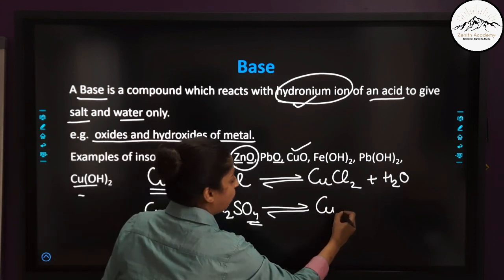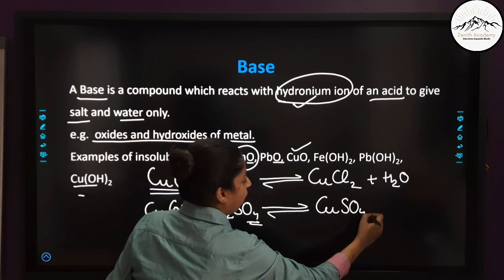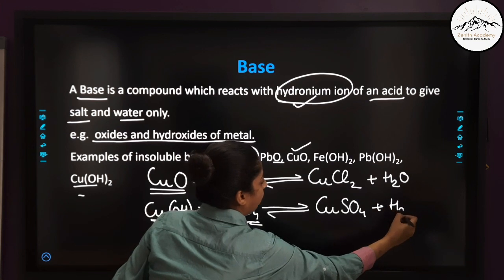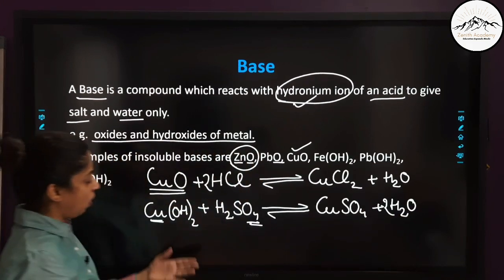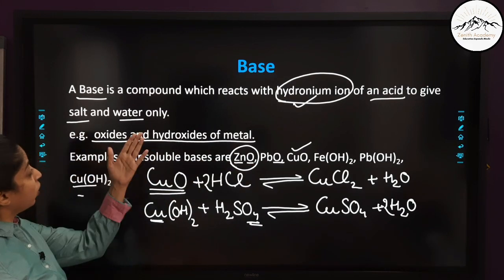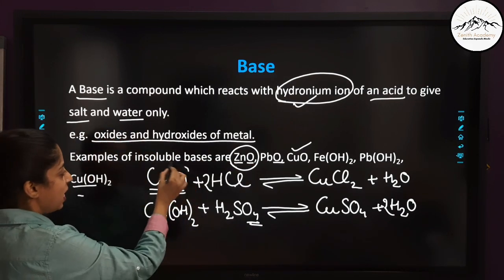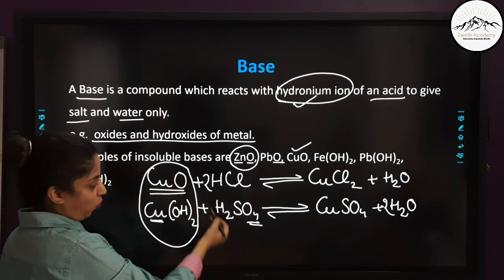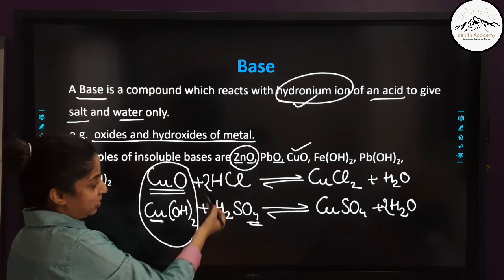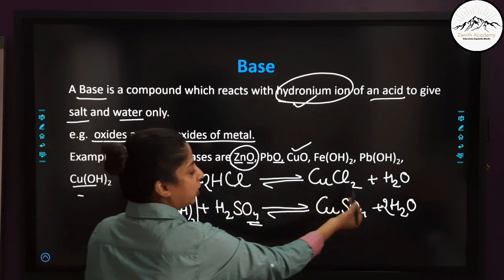So it will form copper sulfate and water. You'll have to add 2 here. Okay, so now this is balanced. So we will recall what is a base. A base is a compound which reacts with hydronium ion of the acid to form salt and water.